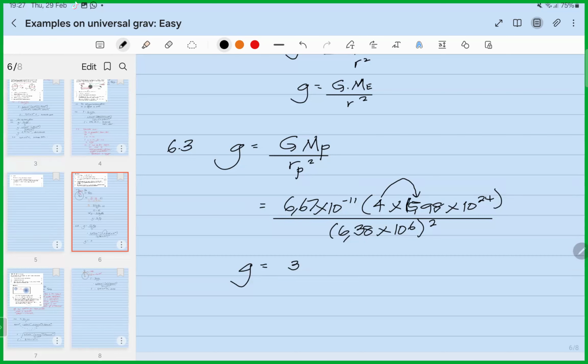This is the mass of the Earth, sir. So it's 4 times 5.98 times 10 to the 24. Sorry, sir. So I'm going to write my answer down. Let's see how close I came to the correct answer.